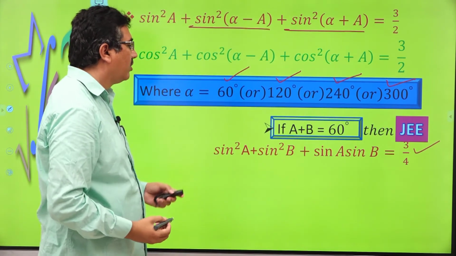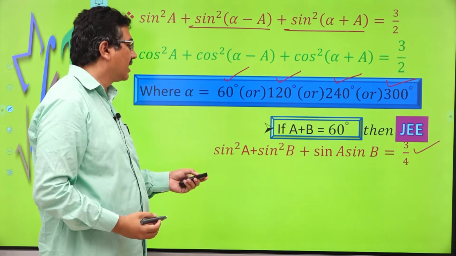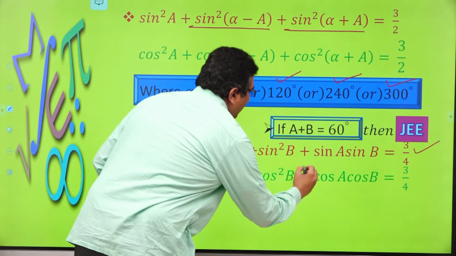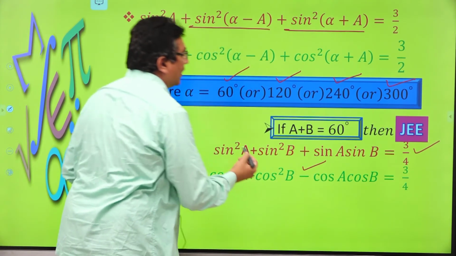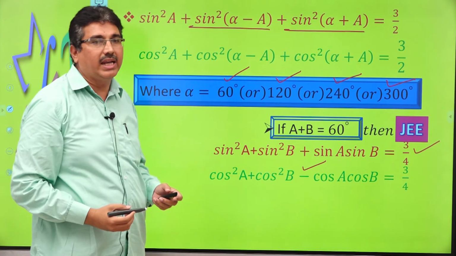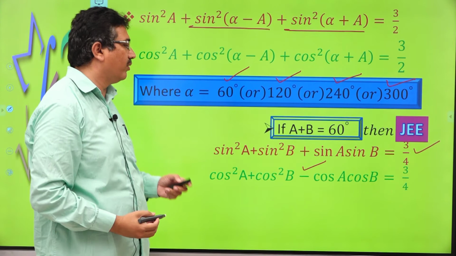Now in terms of cos, a minus comes, so cos square A plus cos square B minus cos A cos B is equal to 3 by 4.